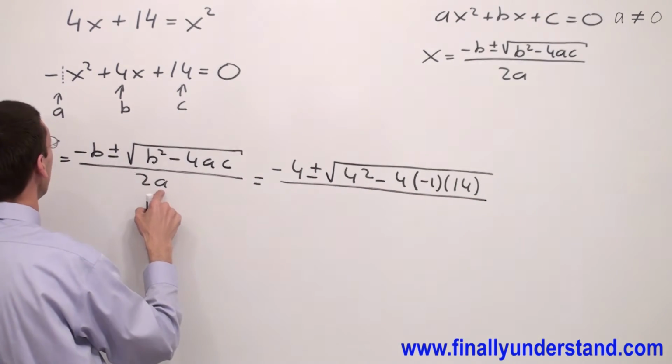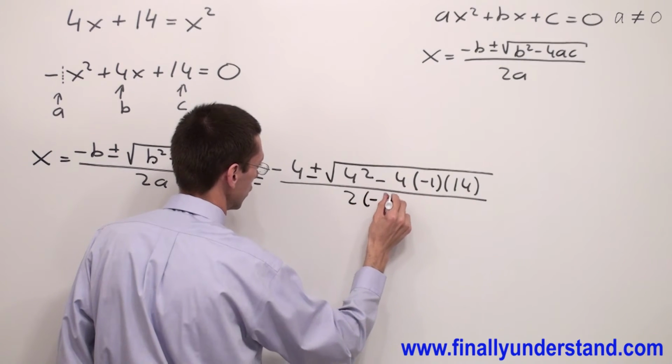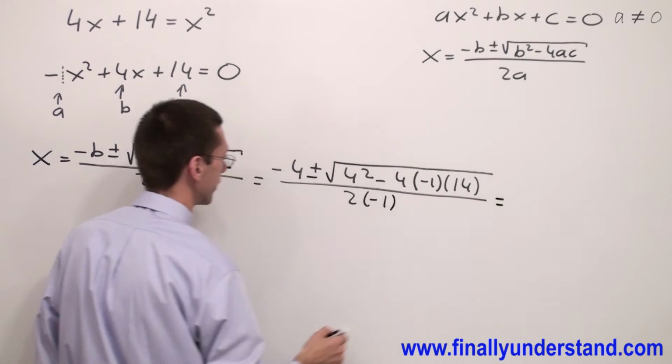2 times a, 2 times negative 1 equals negative 2.